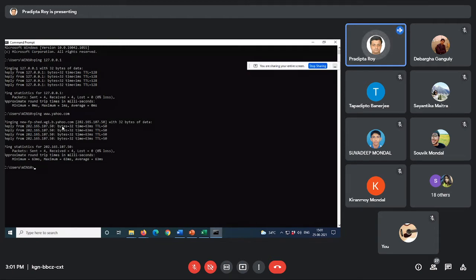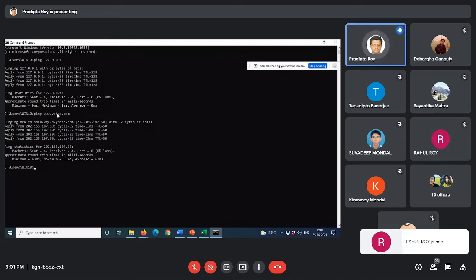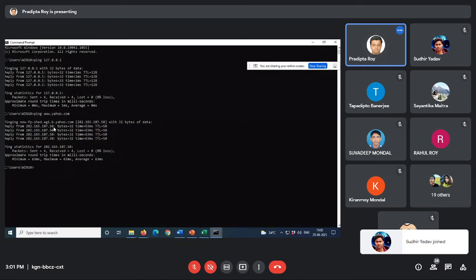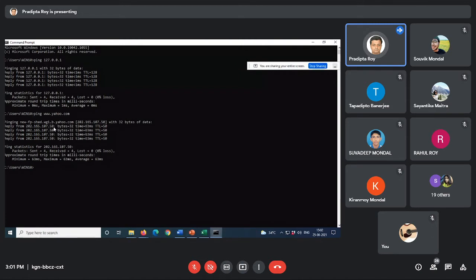When we ping the Yahoo server, my closest Yahoo server IP address is 202.165.107.50, and I really don't know that particular IP address. That's why I ping the domain, and the DNS server of my ISP will map the domain name with the corresponding IP address based on the DNS table maintained at the DNS server, and it gathered acknowledgement or reply from that Yahoo server.